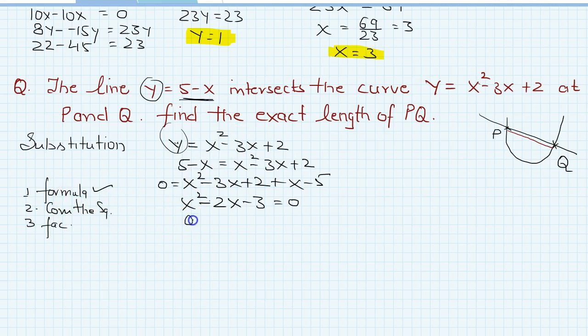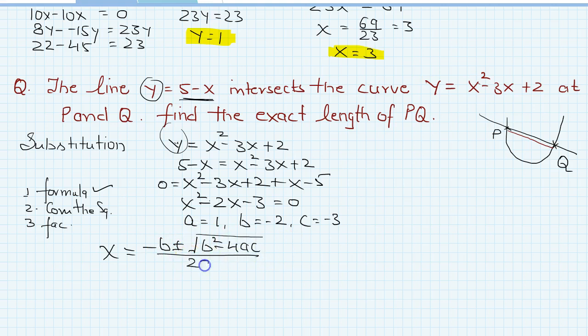So here a is equal to 1, b is equal to minus 2 and c is equal to minus 3. So the formula of x is minus b plus minus root b square minus 4ac over 2a. Let's put the values.